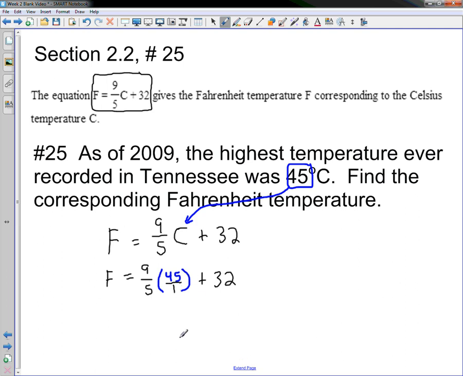Go ahead and reduce. So 5 and 45 reduce to a 1 and a 9. And that gives us F equals 9 times 9 is 81 plus 32. And Fahrenheit equals 113 degrees.